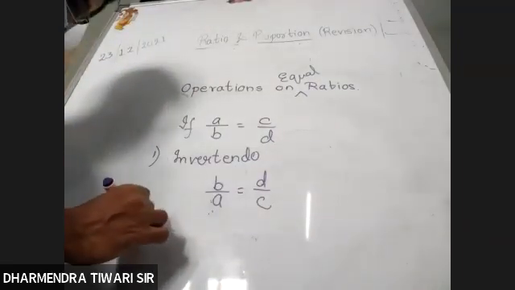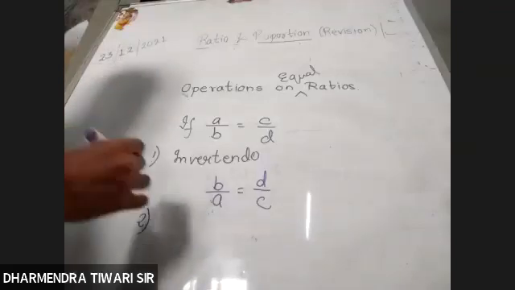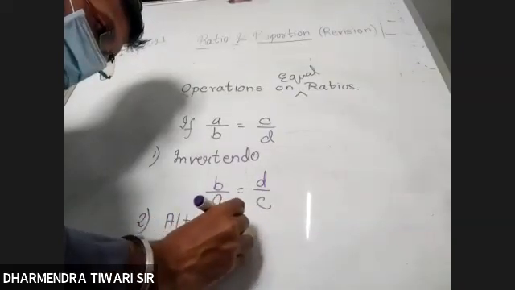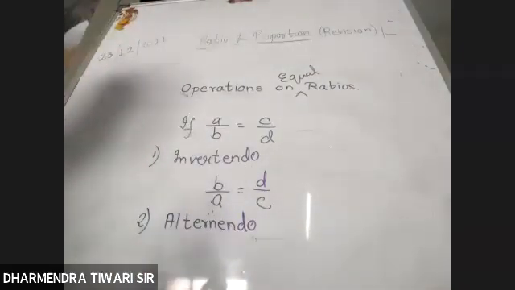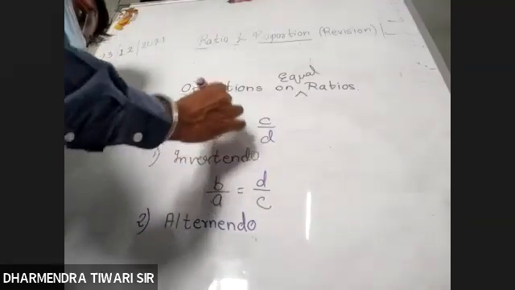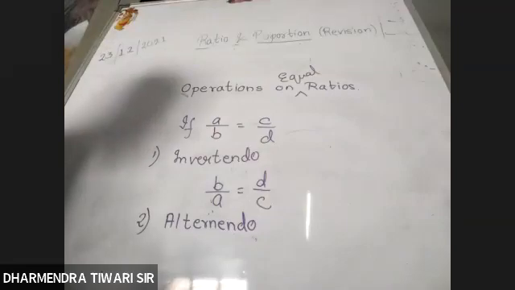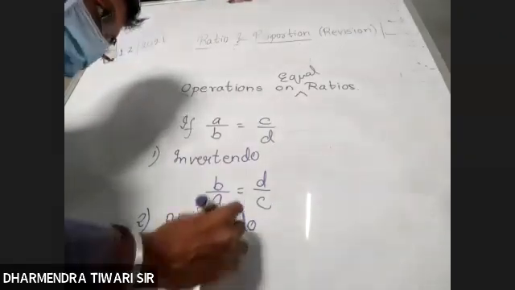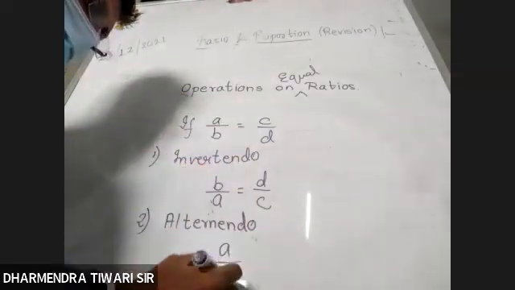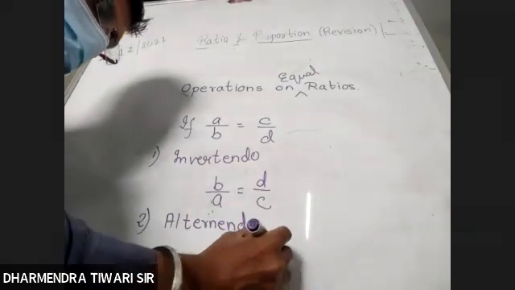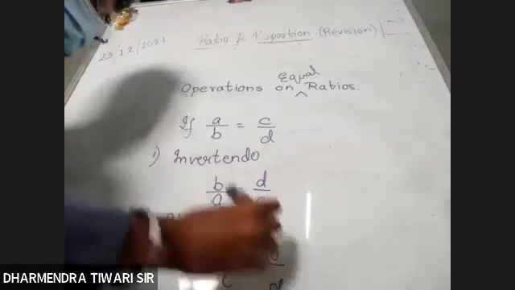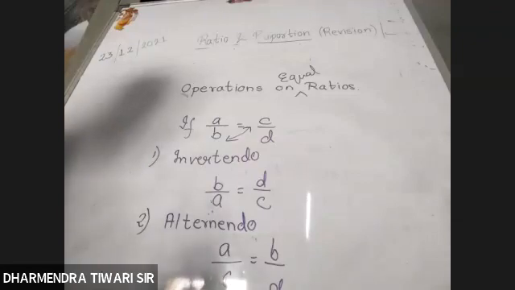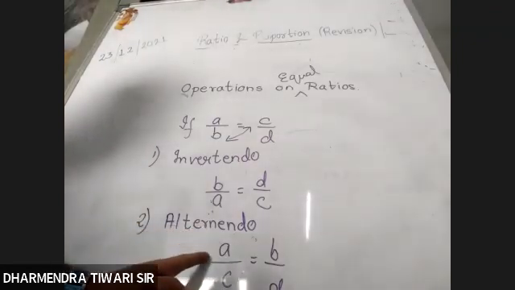Second operation, which is called alternando. In alternando, if we have the first ratio equal to the second ratio, then by alternando what we get is A by C equal to B by D. In this case, the positions of B and C get interchanged.